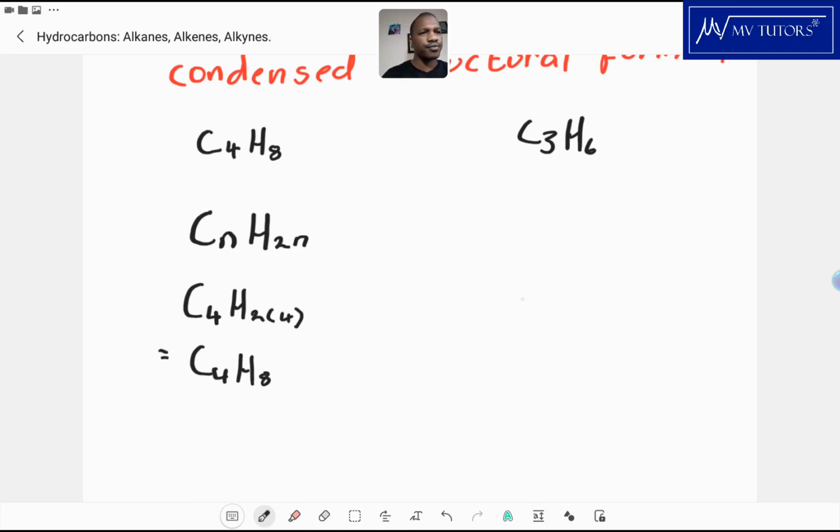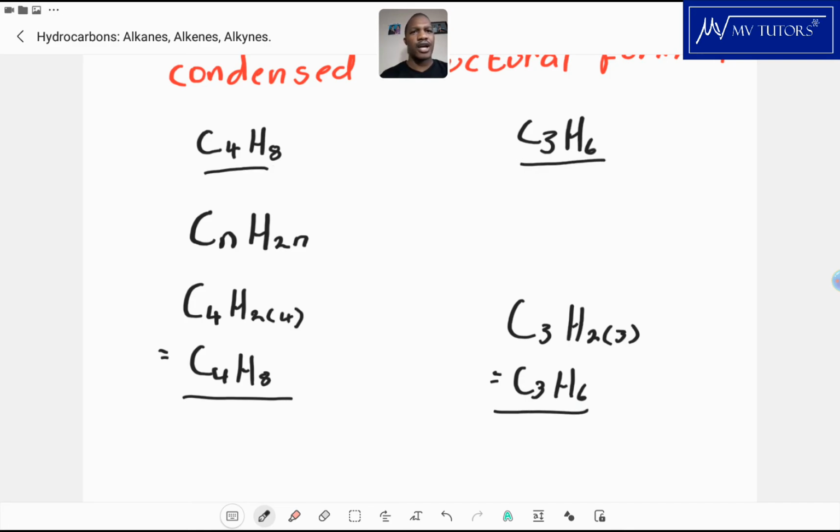This side, C, we've got 3 of them. H from the formula is 2 times 3. So finally, you'll have C3H, 2 times 3 is 6. There we go. So you've got 2 ways to get the same answer.